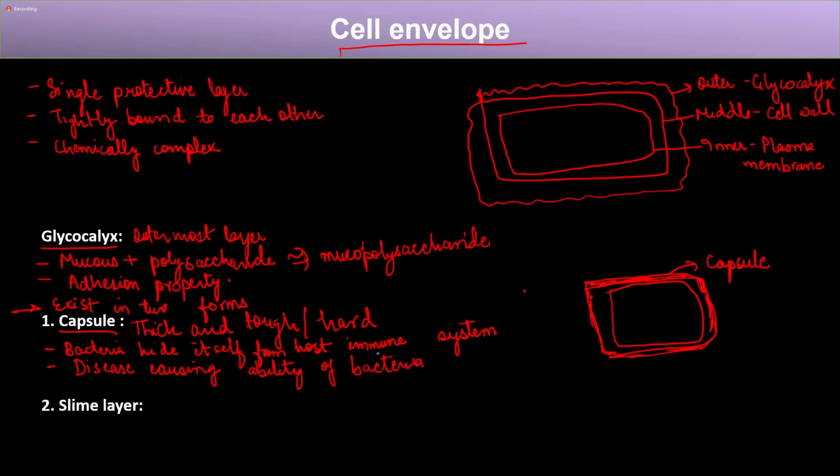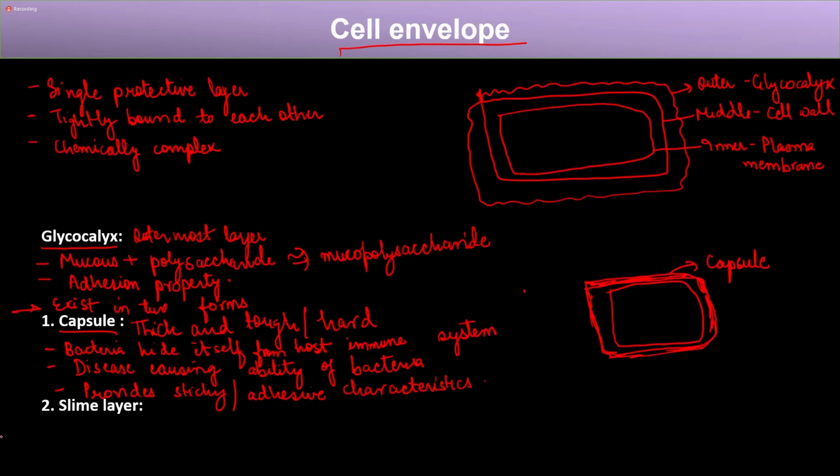And thirdly, because it is made of mucus, the capsule provides a sticky or adhesive characteristic to bacteria. So if the bacteria wants to anchor or attach somewhere, it can do it with the help of the capsule because it has sticky or adhesive characteristics.